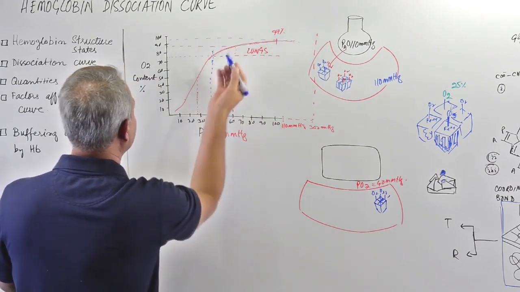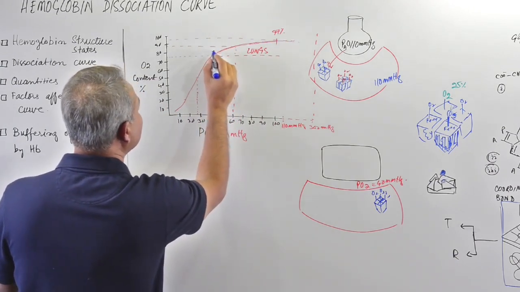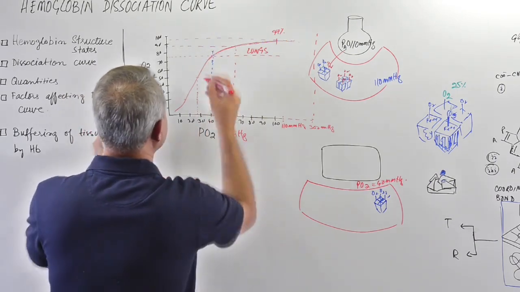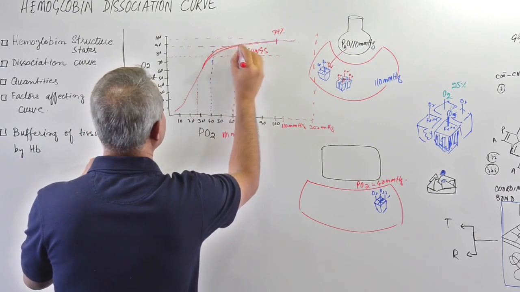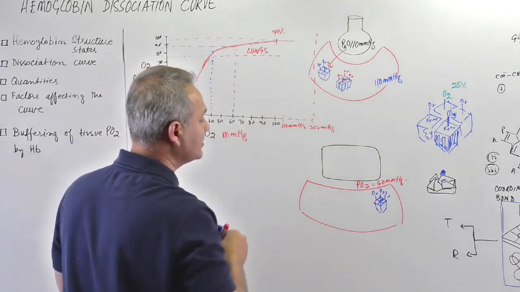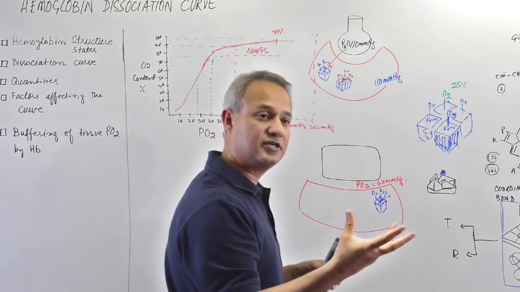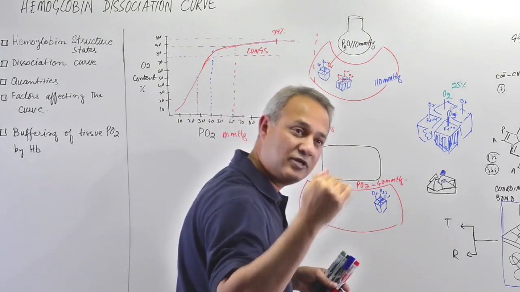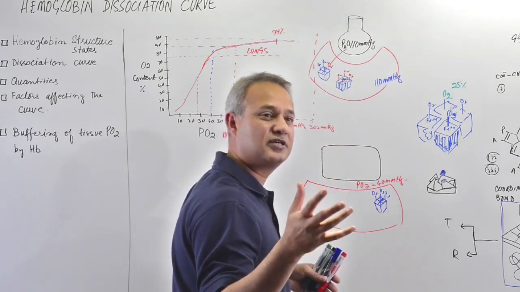So on my graph, because I drew it by hand, it is about 86%, somewhere over here. It should be a little like this. So about 86%. So how much is dissociated? From 100%, 97%, we came down to 86%. So 13-14%.